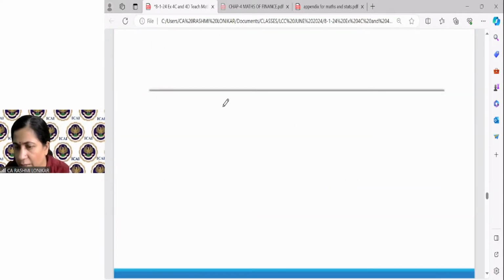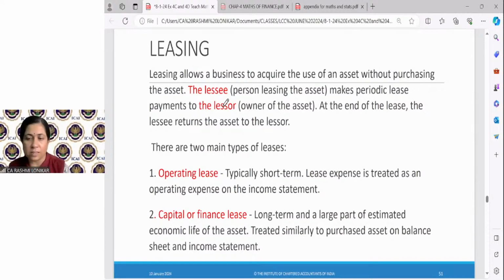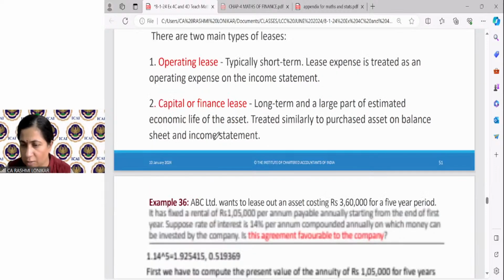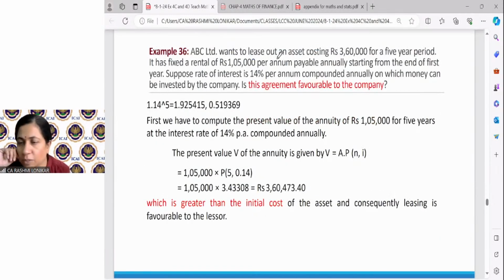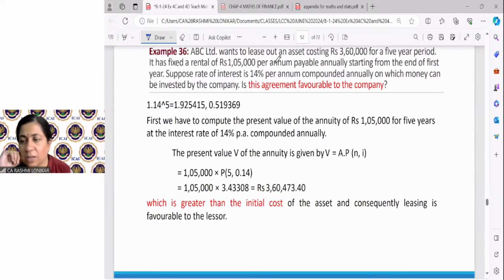The second we are going to talk about is leasing. Last time we talked about what is an operating lease, what is a capital lease, operating are small leases. Now let us see what is the sum that has been taken in the study material. ABC wants to lease out an asset costing 3,60,000 for a 5-year period.